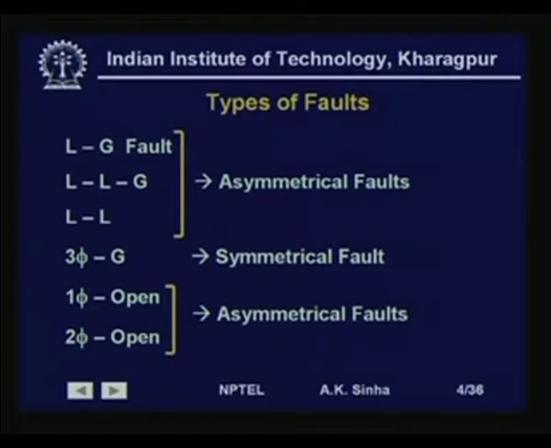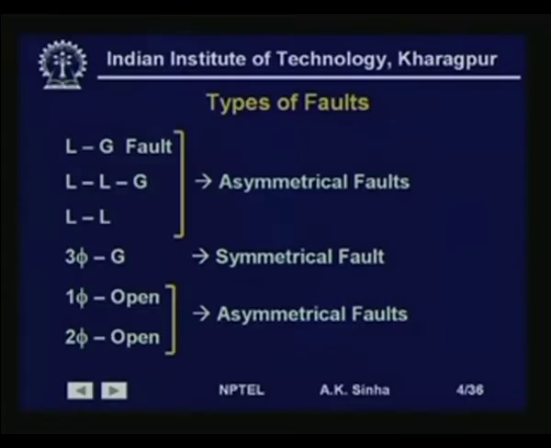In this lesson, we will deal with the first three faults that we had talked about here. That's line to ground fault, that's double line to ground fault, and line to line faults. These are short circuit faults, and when these short circuits occur, heavy currents flow in the system, and in order to protect the system we need to isolate the faults, which, as we had discussed earlier, is done by the circuit breakers, which get the command from the protective relays.